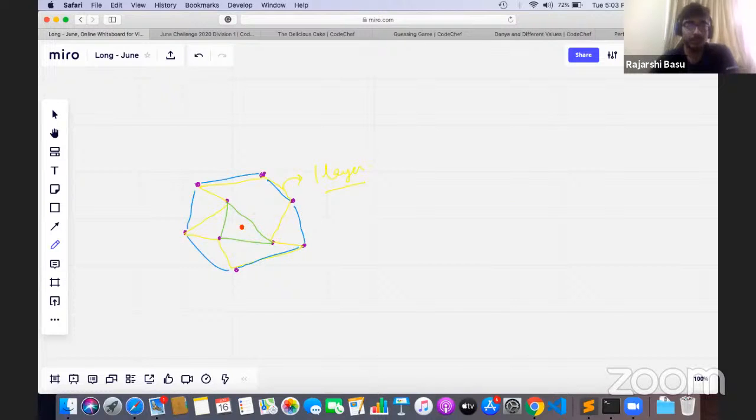Right? So in this distribution, you would have got two layers. So this is better. So how do we proceed with the problem?